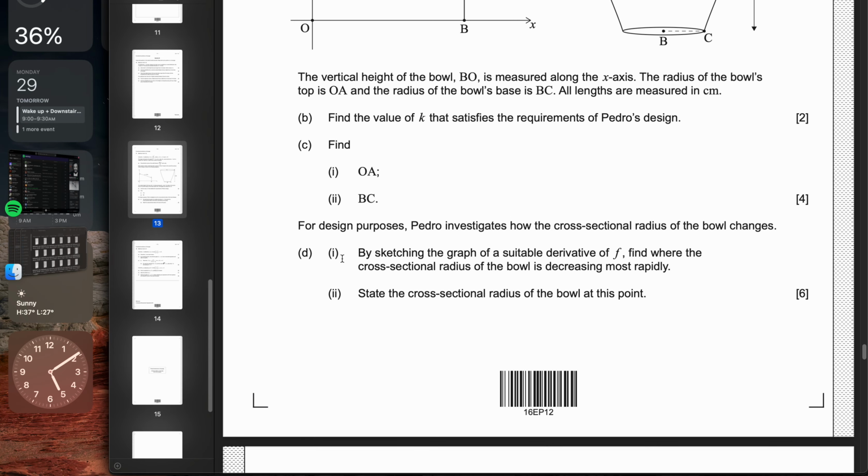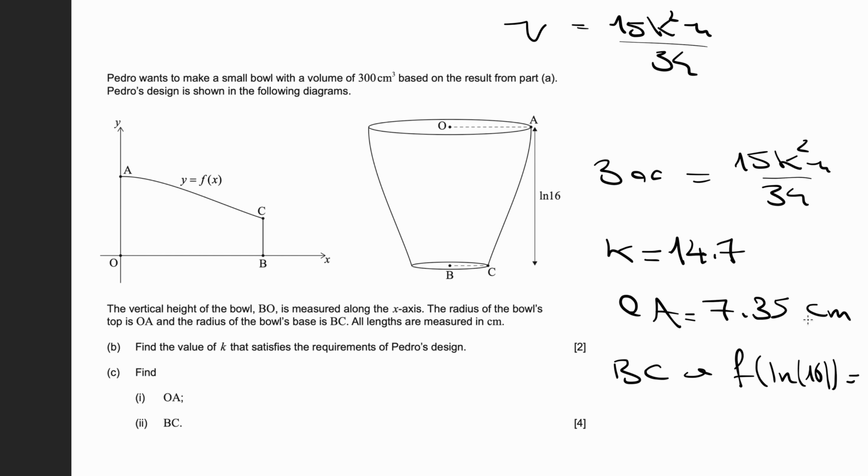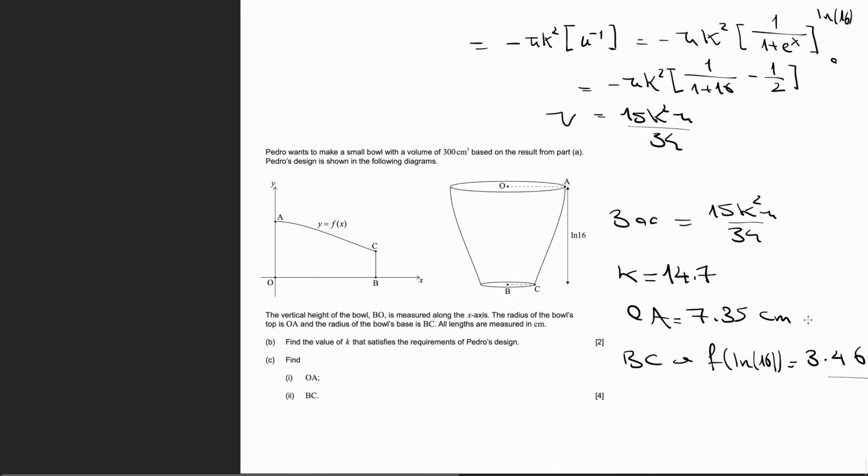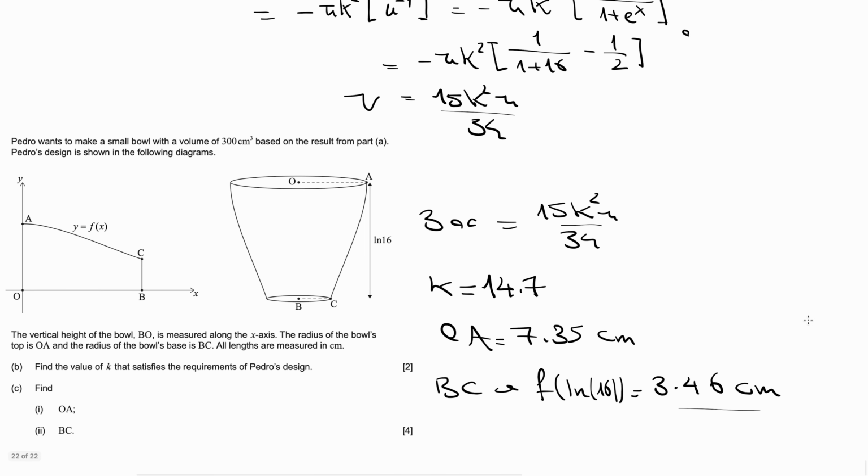Now in part D, for design purposes, Pedro investigates how the cross-sectional area of the ball changes by sketching the graph of a suitable derivative of f. Find where the cross-sectional area of the ball is increasing most rapidly. Suitable derivative. So we're not given what kind of derivative they exactly want.